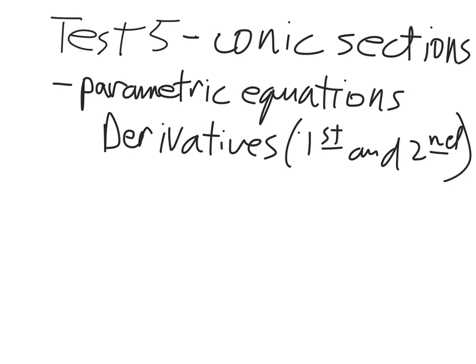We may need to find where we have horizontal tangent lines or vertical tangent lines. We may need to see where a function is increasing or decreasing. Or second derivative, we can see where a curve is concave up or concave down. Okay.